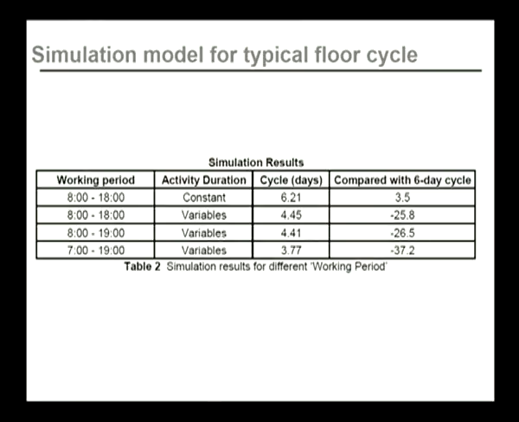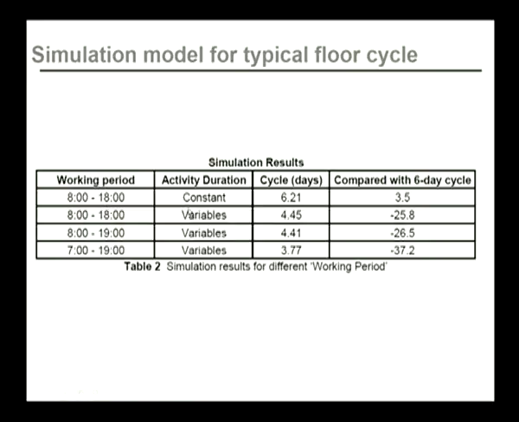The next table for you is a simulation result table. In this result, you see a breakdown of working period, then activity durations, and cycles, and they are compared with a 6-day cycle. For example, an activity is happening from morning 8 o'clock to evening 6 o'clock, and the activity duration is constant.